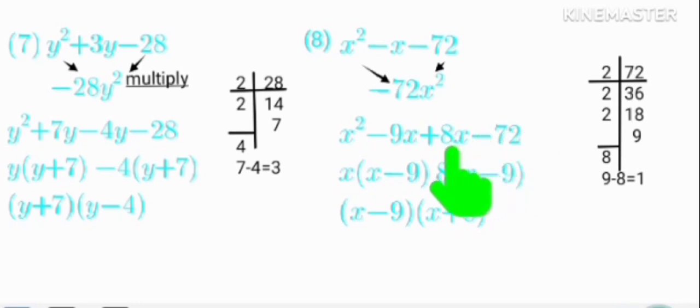We move on to the next place. What is common between 8x and 72, something that can divide 8x and also divide 72? Now you can see that the sign here is negative. So if we say 8x divided by 8, that will give you x. And since the sign here is negative, we want our sign to also be negative because these two signs have to be equal.